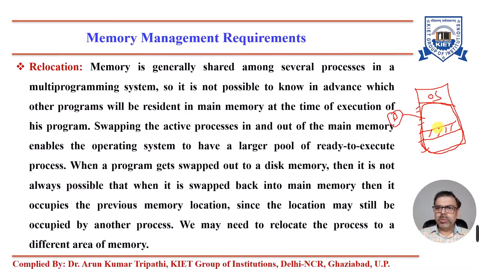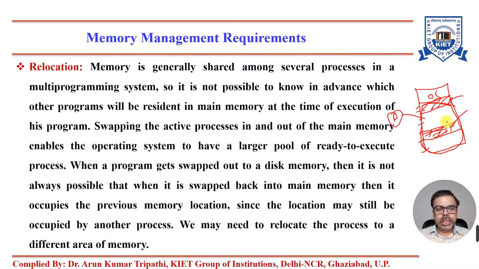So it is not certain that the movie will come back into the same memory location, because it may be possible that some other program is residing at this location, or it may be possible that this memory location is still empty, so my movie will reside on this location.